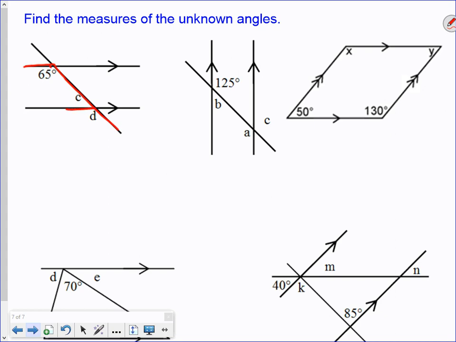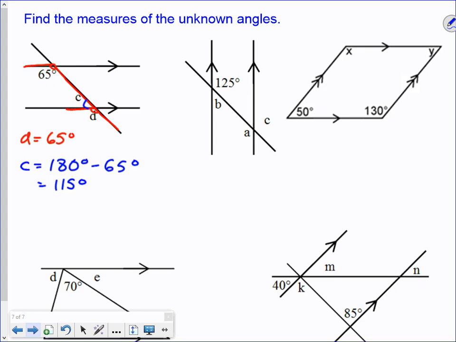That means that this angle here and this angle here are the same. So I would know that D is equal to 65 degrees. And once I know that D is 65 degrees, I know that angle C and D have to add up to 180. So C is going to be 180 degrees minus 65. C is going to be 115 degrees.